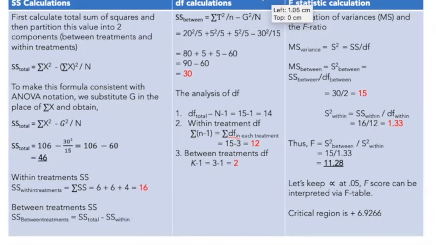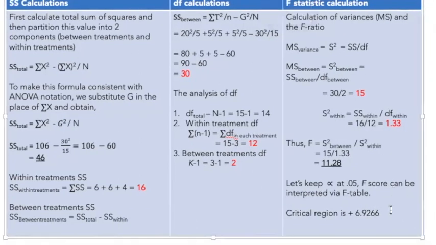This is the critical region. In the critical region, if the value that you have is beyond this critical value, then you have to reject your null hypothesis and accept the alternative hypothesis. Here the critical value is 6.926 and our F ratio score is 11.28.